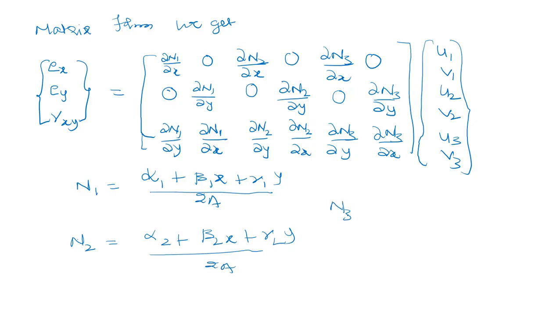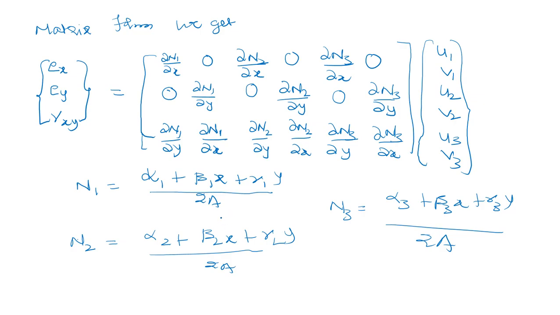Similarly, N3: alpha 3 plus beta 3 x plus gamma 3 y divided by 2A. These are the shape functions we already derived, N1, N2, and N3.